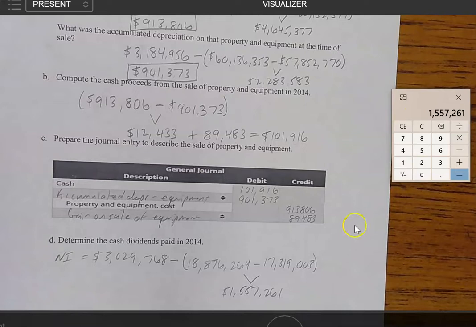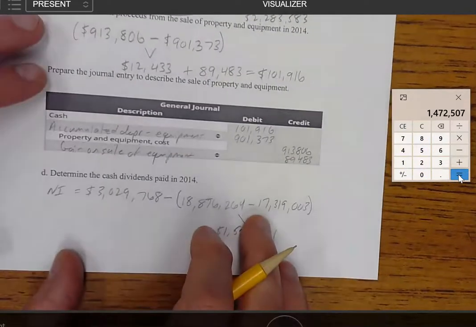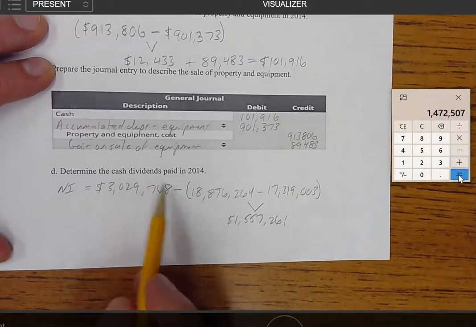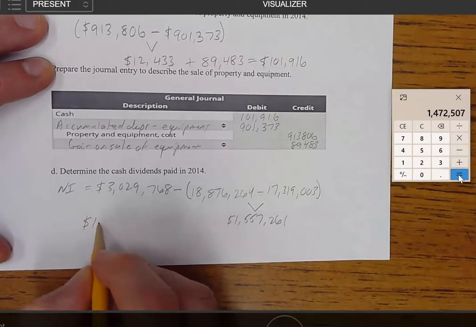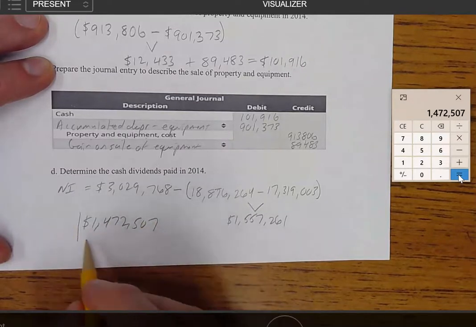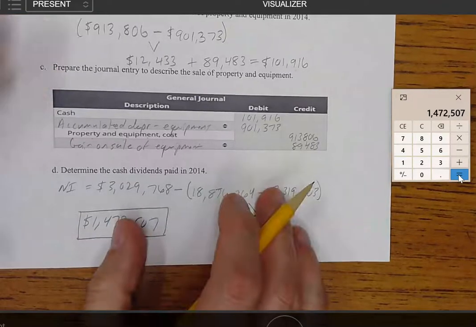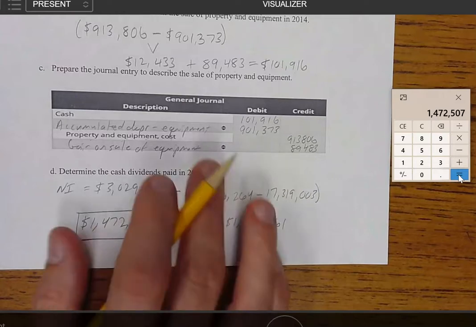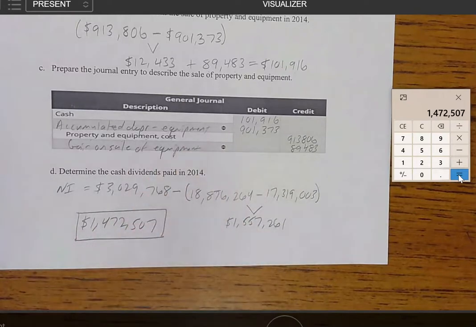So now we can take our net income, $3,029,768, minus the increase in retained earnings, and we come up with an answer as to the amount of cash dividends paid in 2014, $1,472,507.